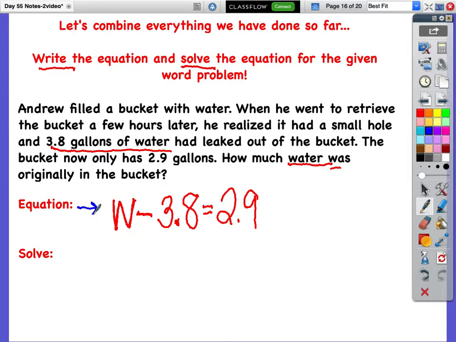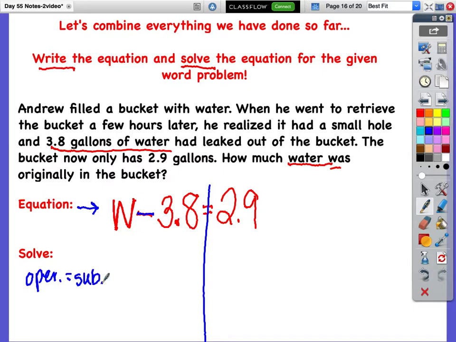All right, now let's solve this. We're going to draw a line through our equal sign just so we can keep our two sides of our equation very equal and balanced. And by doing this, this line reminds you to stay balanced. All right, now remember, when you're solving a one-step equation, you have to ask yourself, what operation is going on right now? Well, we've got subtraction.